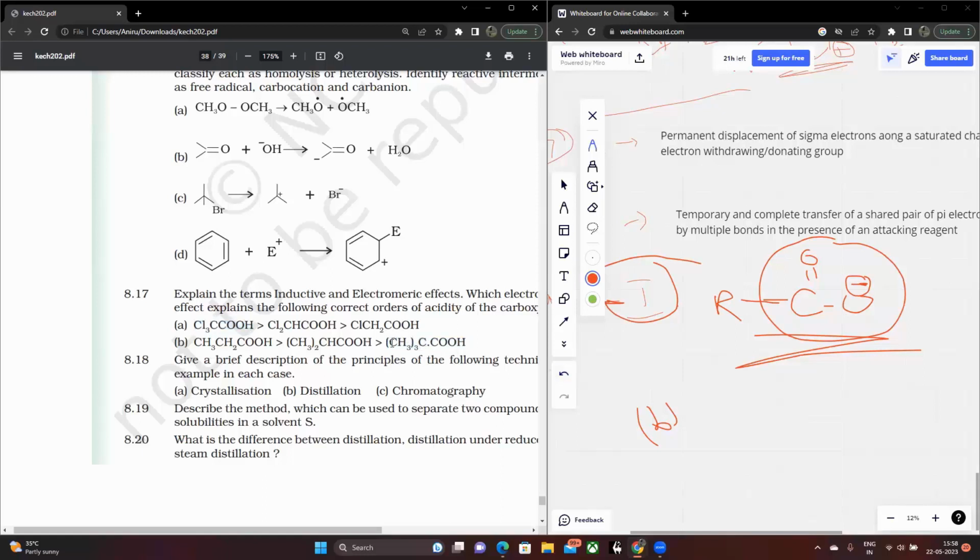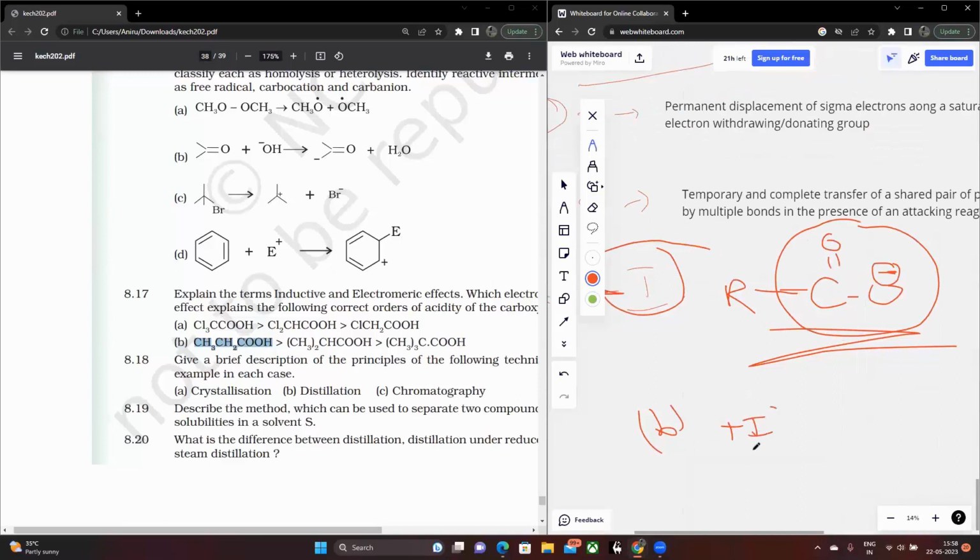With its larger hyperconjugated structures and the larger plus I effect from each CH3, being secondary, being beta to this carboxylic acid, just one carbon behind, this inductive effect is going to be much less than this and this. Since it's plus I, electrons are pushed towards COOH, and the more electrons pushed, the more unstable it becomes. And so this is the least acidic, this is the most acidic.